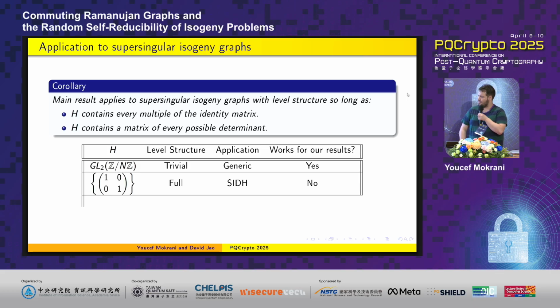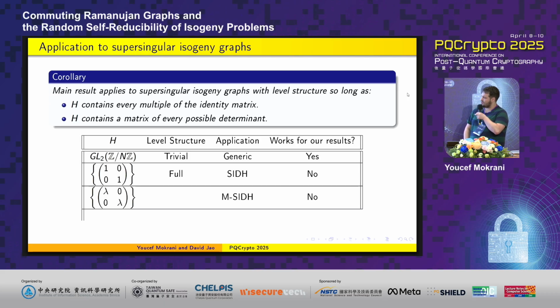SLEH is a bit of a weird case since when in parameter sets where SLEH is broken, it is randomly self-reducible by default. But when, for example, it doesn't apply, we cannot prove random self-reducibility. So it is worth noting that we cannot prove that a problem is not randomly self-reducible. We can simply only find cases where it is.